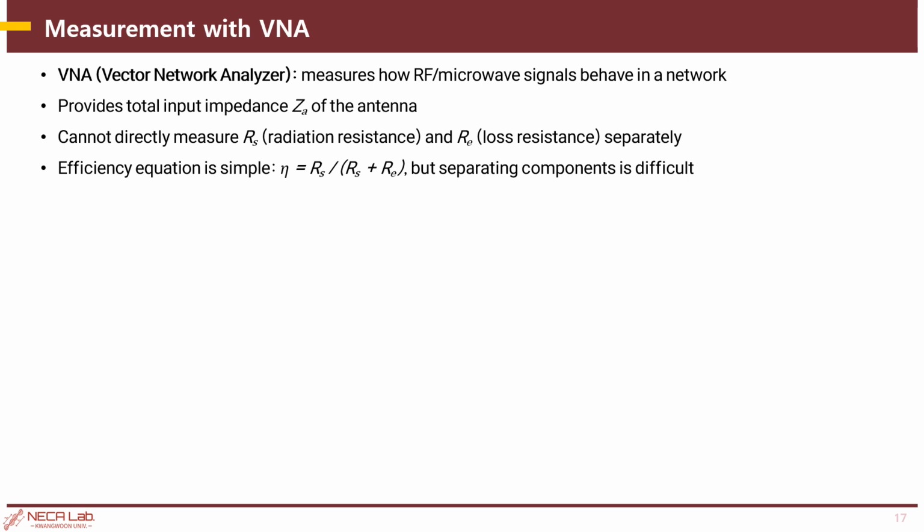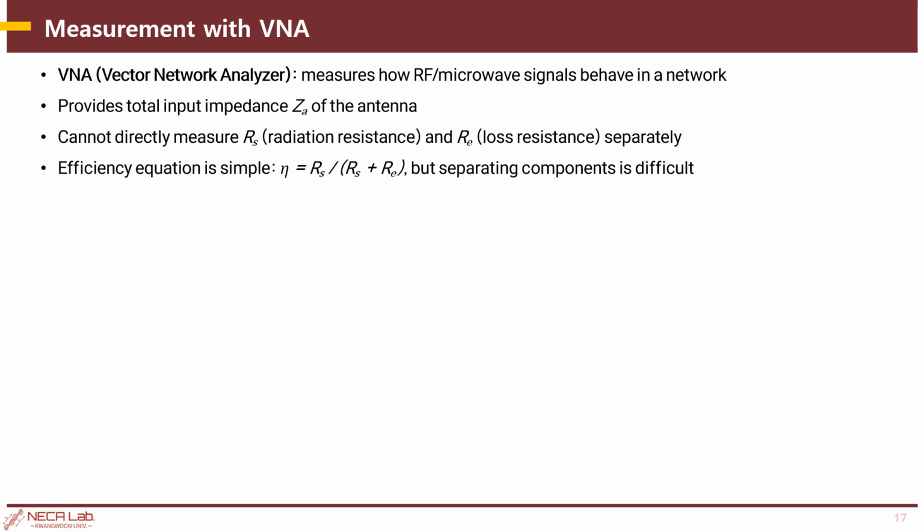Now VNA is vector network analyzer. It is used to measure how radio frequency or microwave signals behave in a system. It's a key tool in antenna testing. The VNA gives the total input impedance of the antenna, written as ZA, but it can't tell how much of that is from radiation resistance RS and how much is from loss RD.